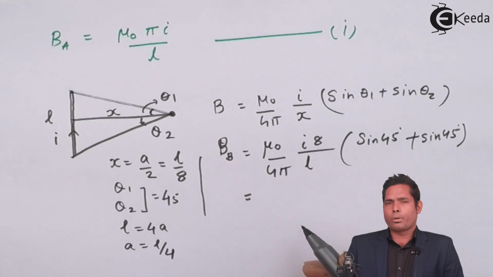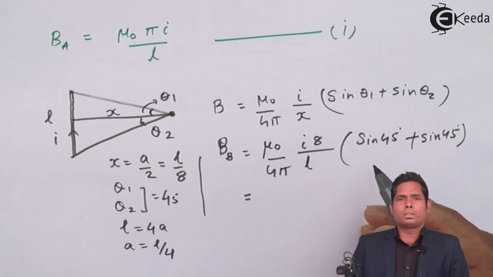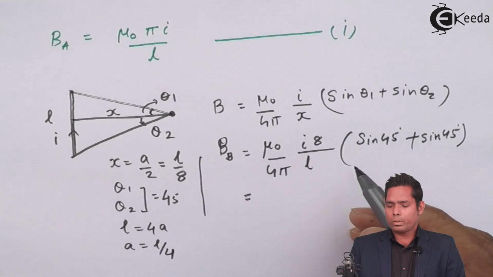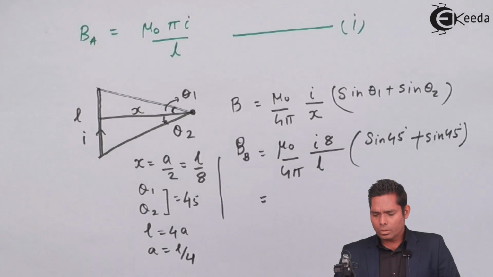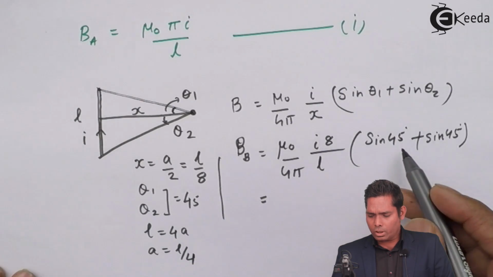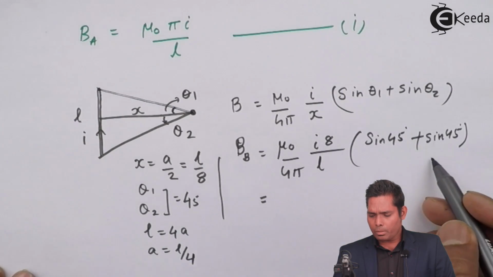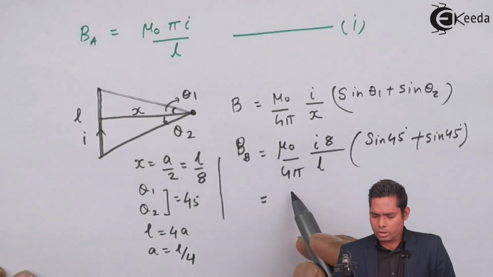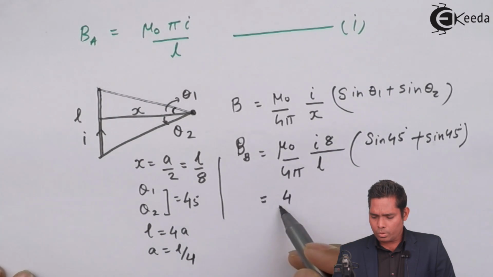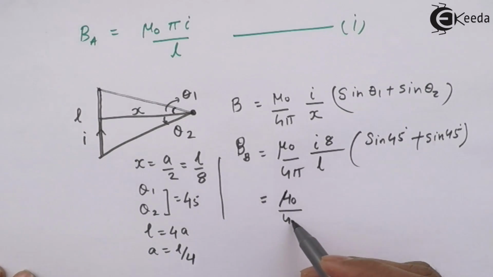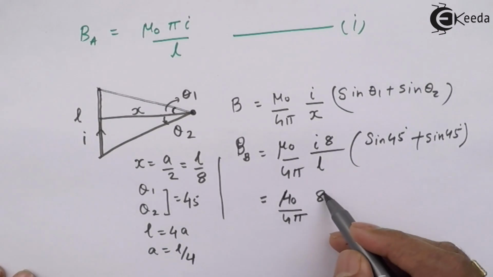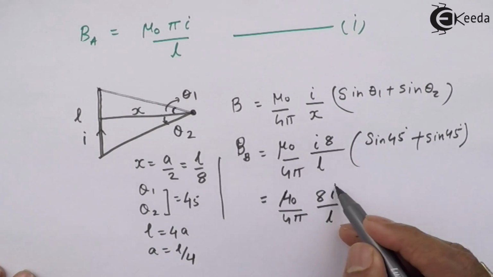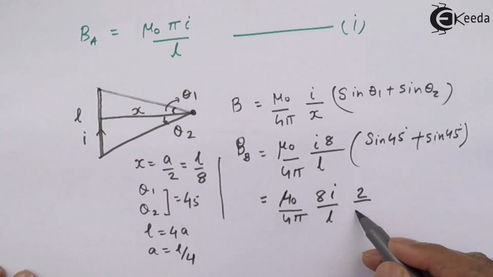Sine 45 is 1 by root 2 plus 1 by root 2, that is 2 by root 2. So this is mu naught upon 4 pi, 8I by L, 2 upon root 2.